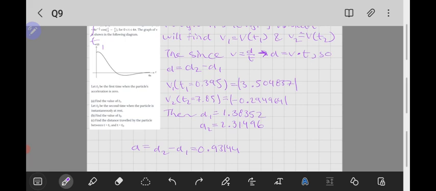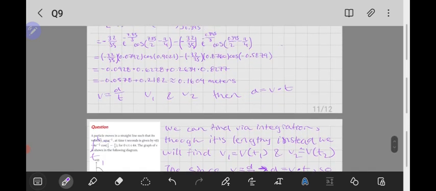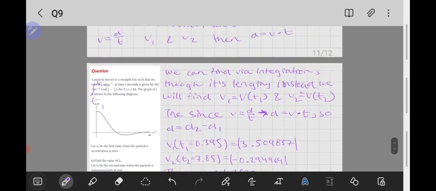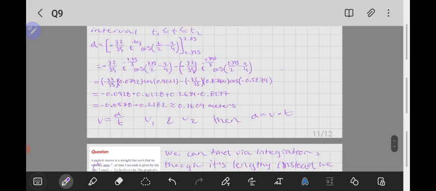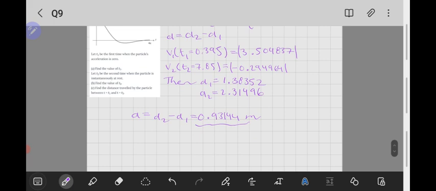That's exactly what I did, and found that our answer for part C is 0.9 meters. The previous answer was 0.16, but if we round it up, our answer would be pretty close. So anyway, that is the answer to question C.